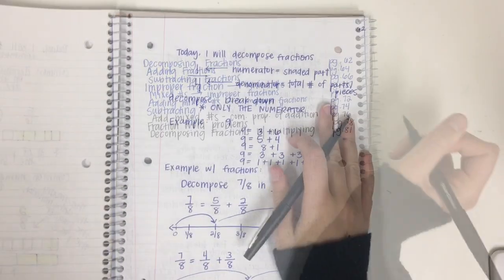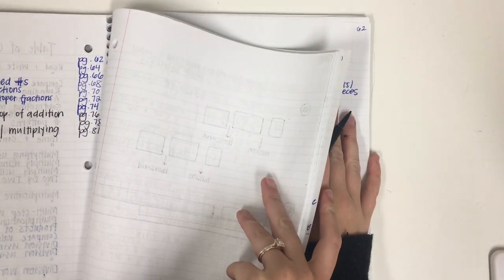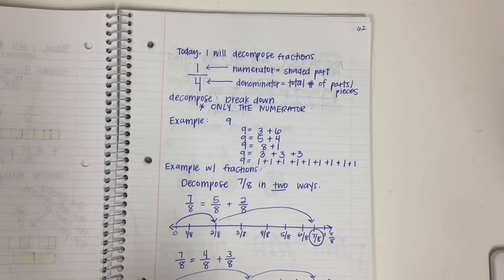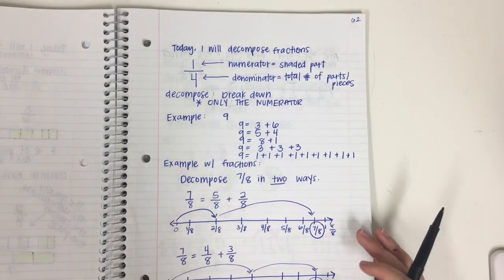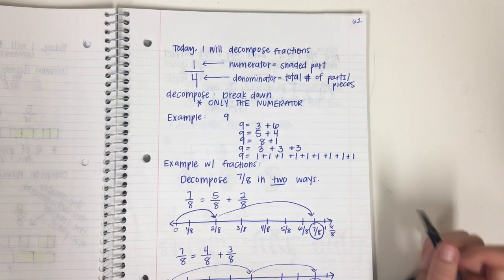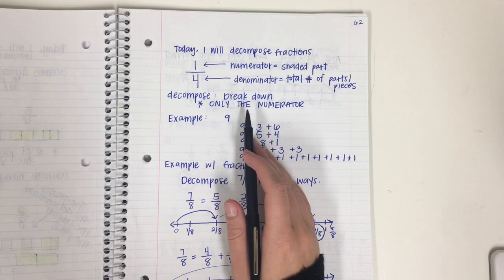Okay, and we are on page 8. I want you to turn to your decomposing fractions from your addition and subtraction from Unit 5. Mine's on page 62, but yours might be a different page. I just want us to look at the similarities between decomposing fractions with addition and with multiplication. Remember, decomposing is when you break down a fraction.